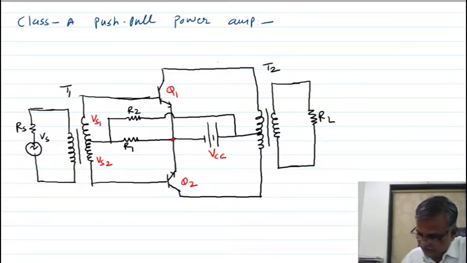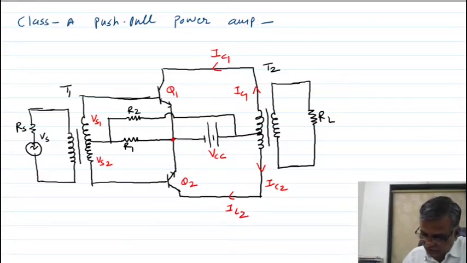Here current will flow in this direction, IC1. Here current will flow in this direction, IC2. This is IC1, IC2. I will show your signal. This is your VS1. Simultaneously I am showing you this is your VS2, and this is your VS.